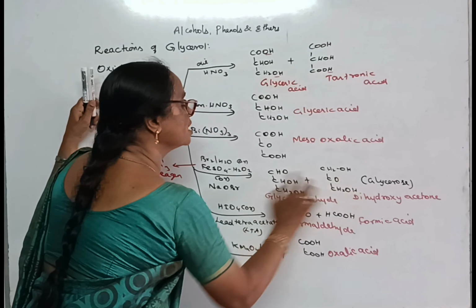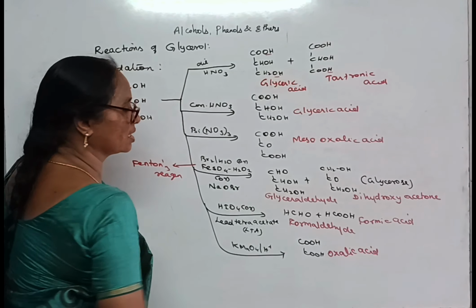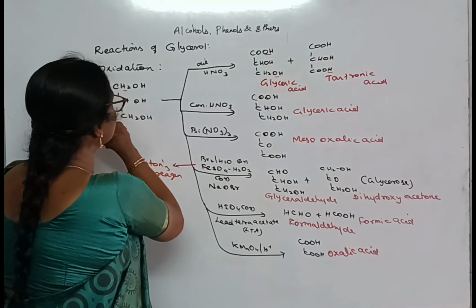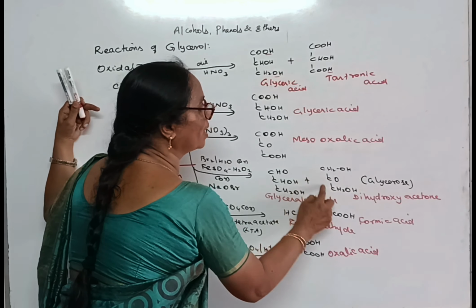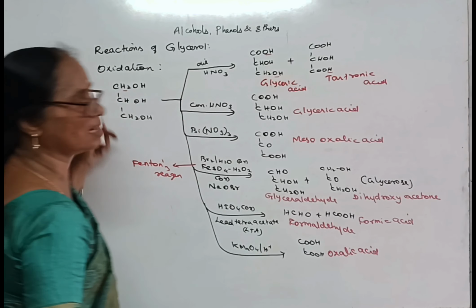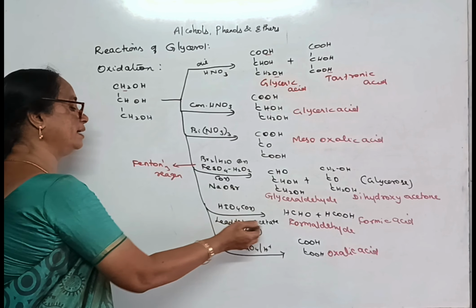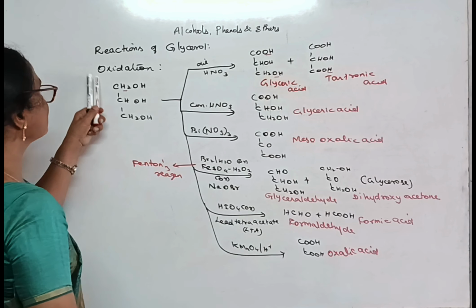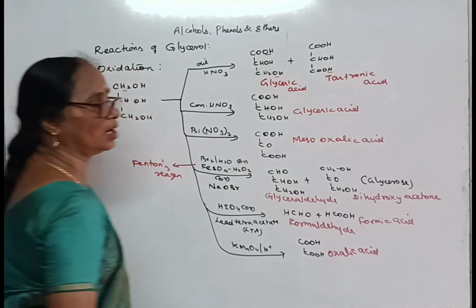So it forms a mixture, and the mixture is known as glycerose. Here the compounds are glyceraldehyde and the dihydroxy 3-carbon ketone, so it is dihydroxyacetone. With periodic acid or lead tetraacetate, glycerol decomposes into formic acid and formaldehyde.